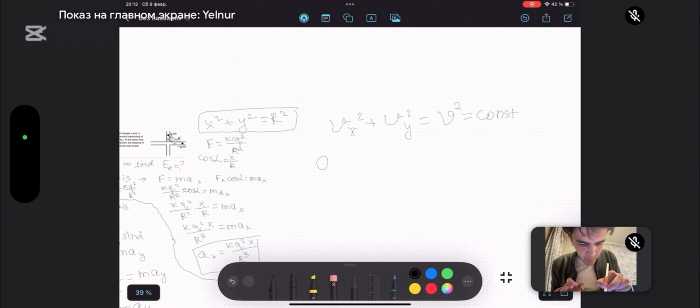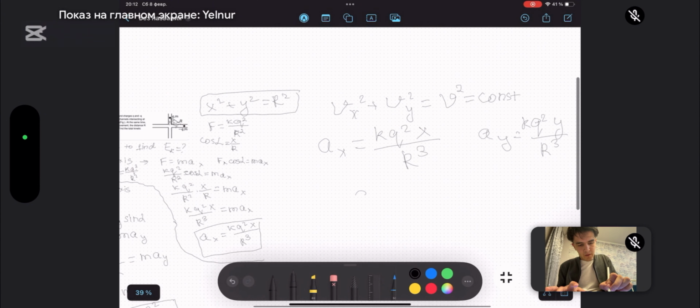Let's rewrite the equations. On the x-axis, our acceleration will be equal to kq square x over r cube, and our acceleration on the y-axis will be equal to kq square y over r cube.